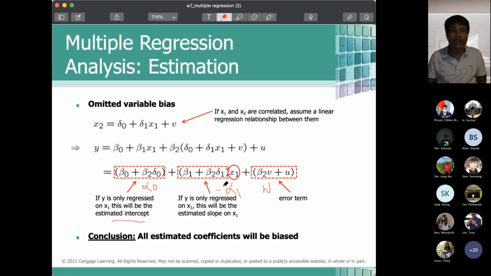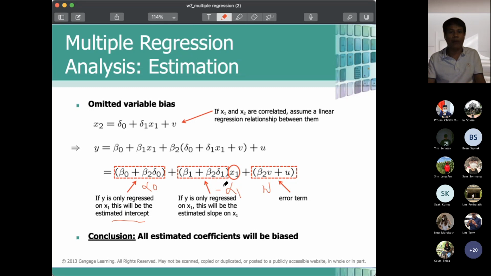The conclusion is that you will obtain a biased estimate, biased intercept, biased slope estimate. All right? That is the effect of violating the zero conditional mean assumption.